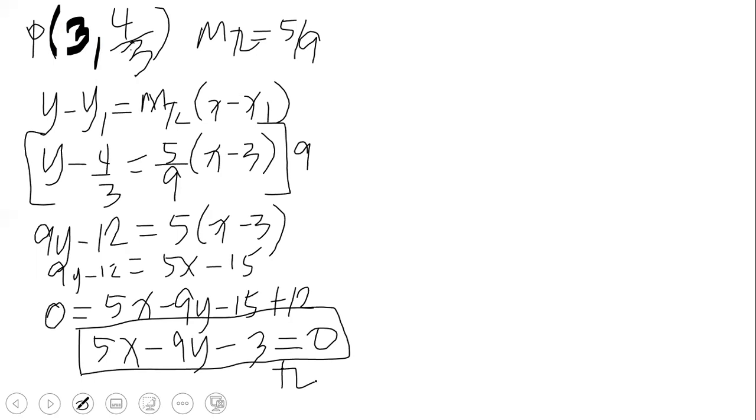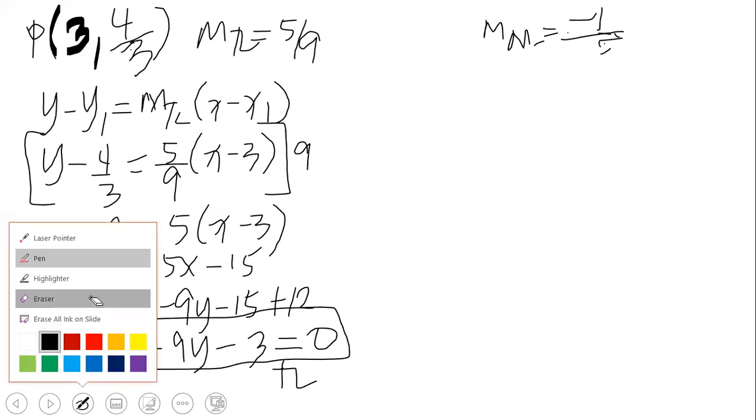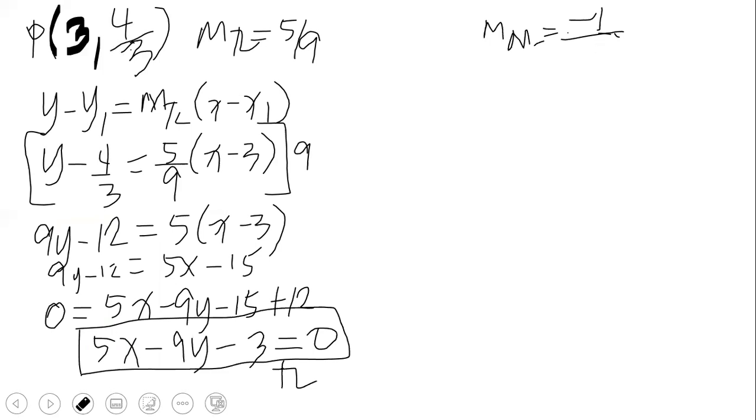Then, this time, we need to solve for the slope of the normal line. So, the slope of normal line is negative 1 over the slope of the tangent line.